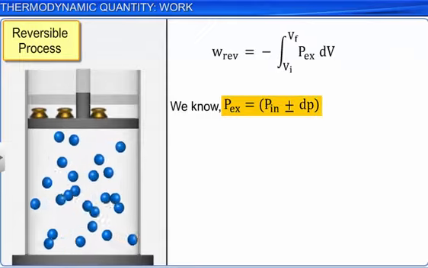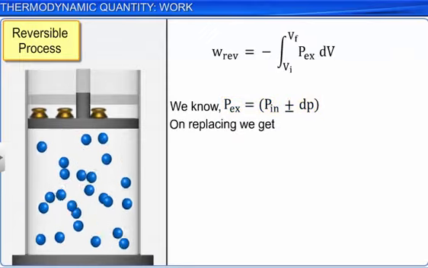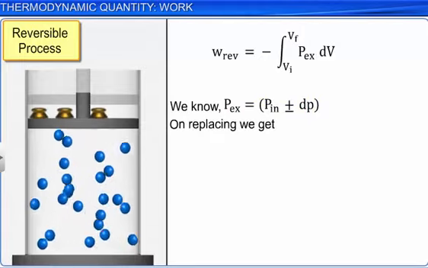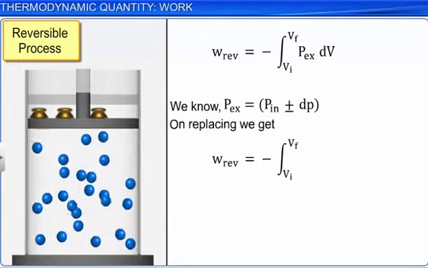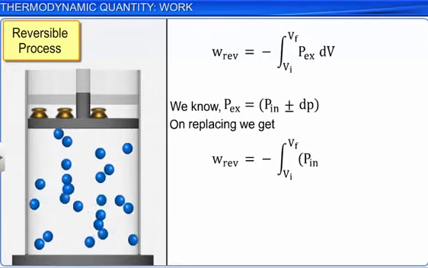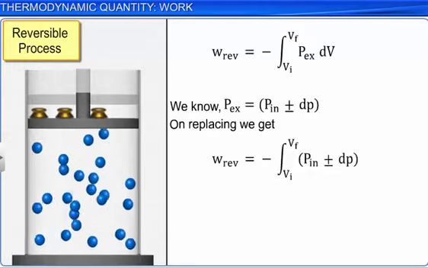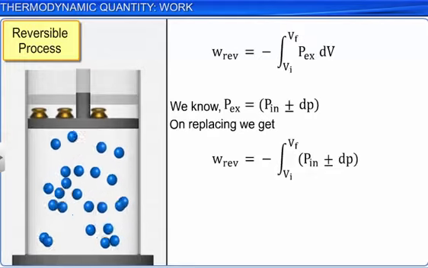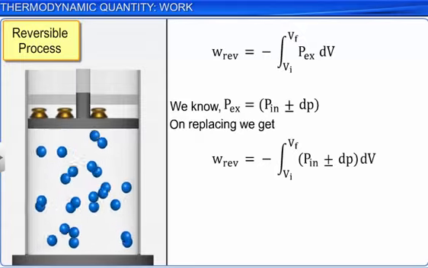Thus, on substituting the values, we get the equation reversible work equals minus the integral of internal pressure P in plus or minus the infinitesimal change in pressure of the system dP multiplied by the infinitesimal change in volume dV.